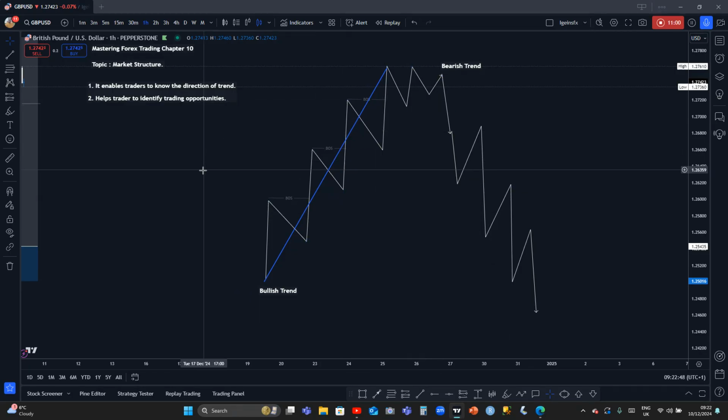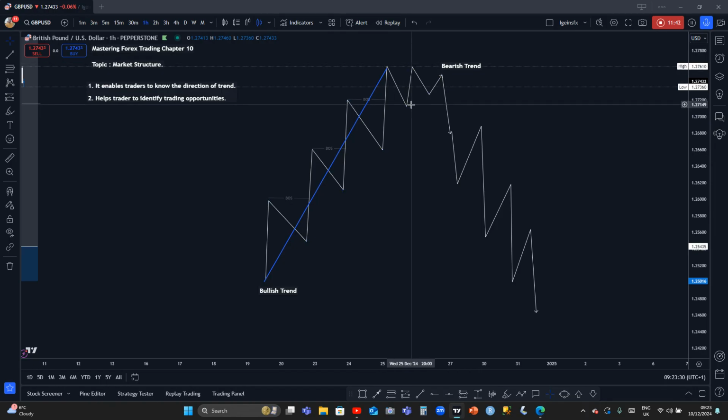So, like what I said, it enables traders to know the direction of trend. That is what market structure does. Now that you are seeing that instead of this support level to break the resistance, it created equal highs, or you call it double tops, and is making its way to the downside. Remember, all these ones are just liquidity points.